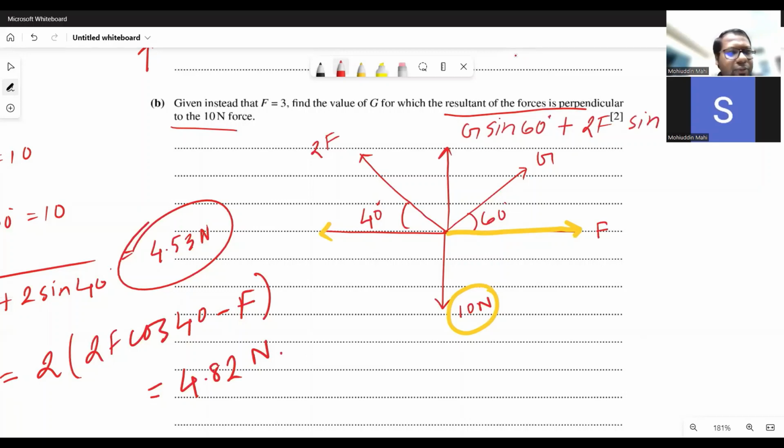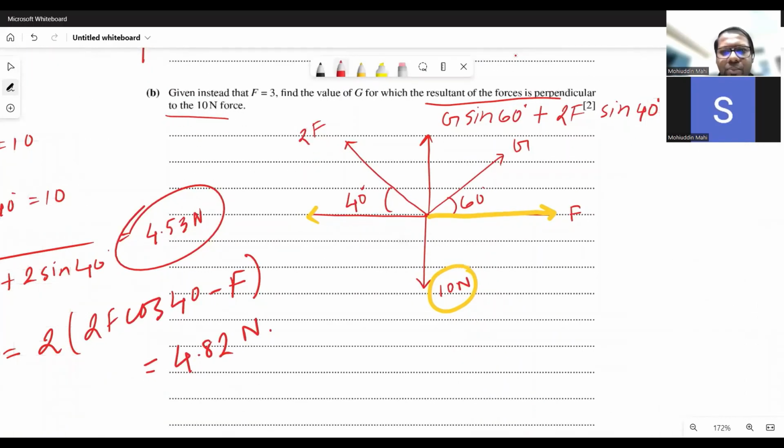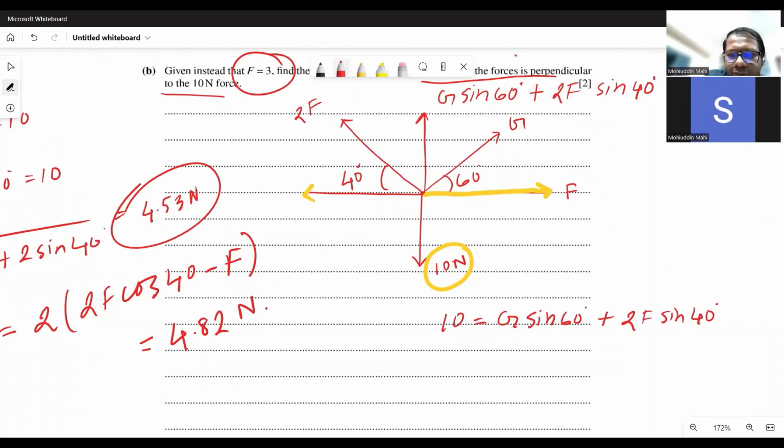Now, as the resultant force is acting in the horizontal direction, the resultant force in the vertical direction definitely has to be 0. So we can write down 10 equals G sine 60 plus twice F sine 40. And in the question, it is given that the value of F is 3 Newton.